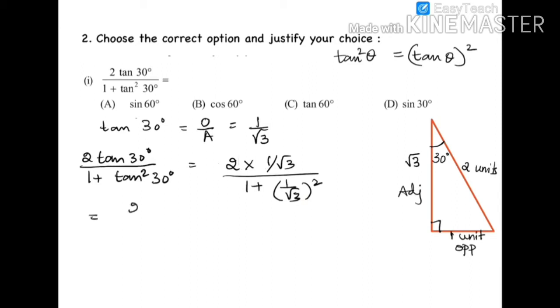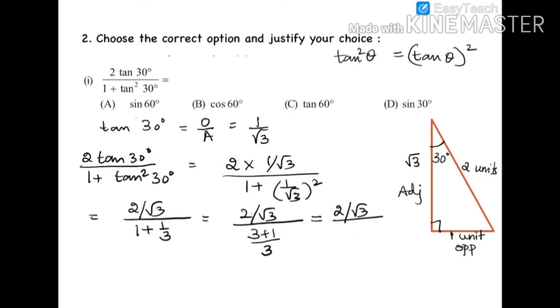Simplifying, we get 2 upon root 3 divided by 1 plus 1 upon 3. That is 2 upon root 3 divided by 3 plus 1 upon 3. On simplifying further, we get 2 upon root 3 divided by 4 upon 3.